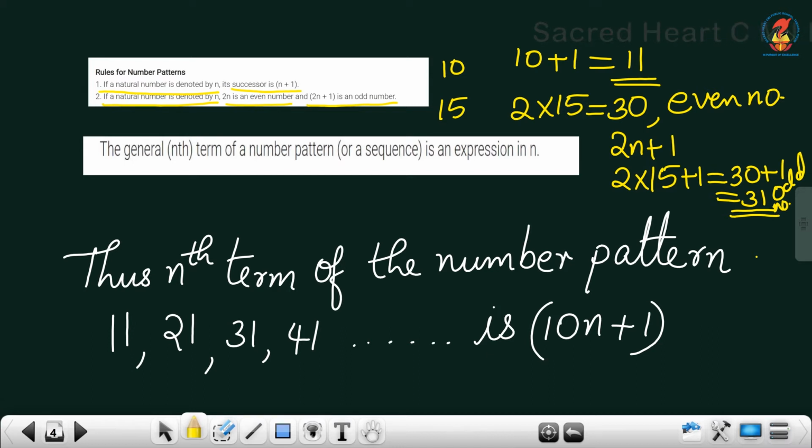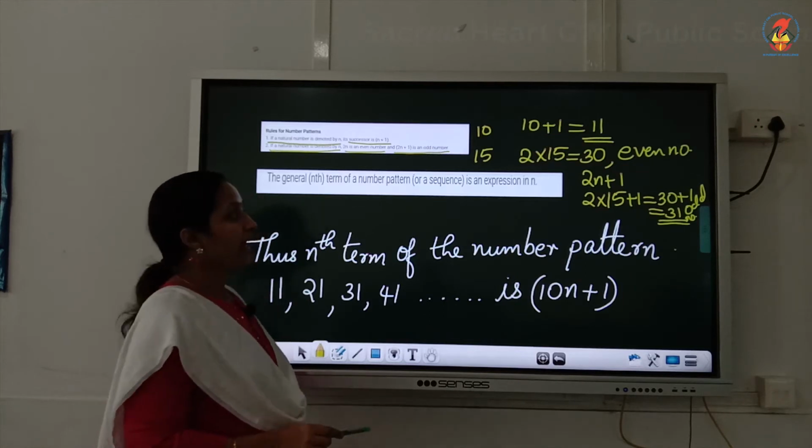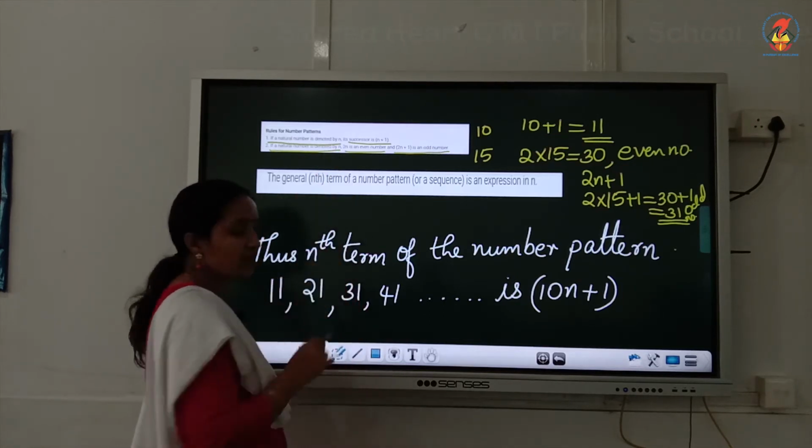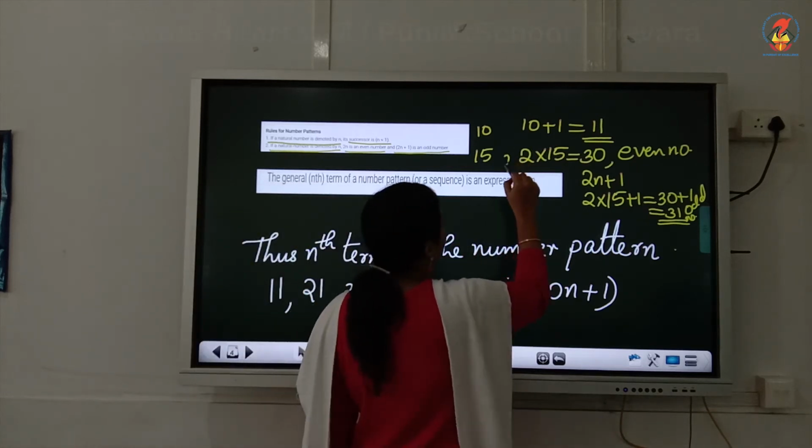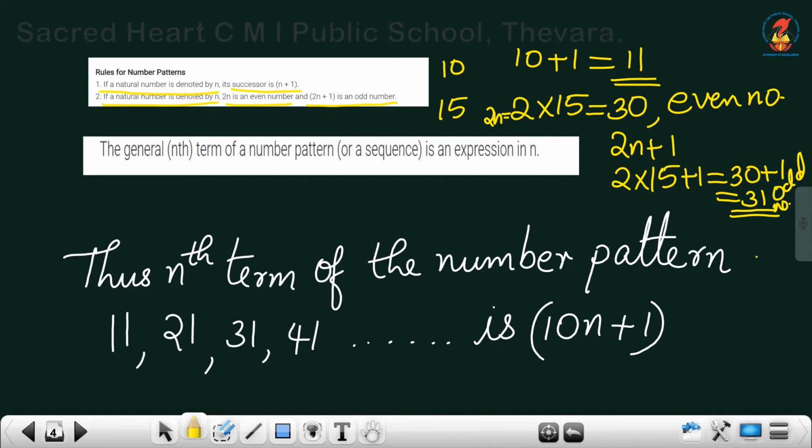So we got the rule as, if a natural number is denoted by n, n means any natural number you can take, then 2n is an even number, and 2n plus 1 will be an odd number. I hope it's clear.